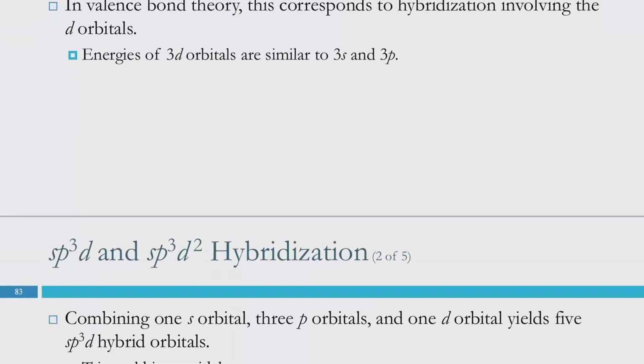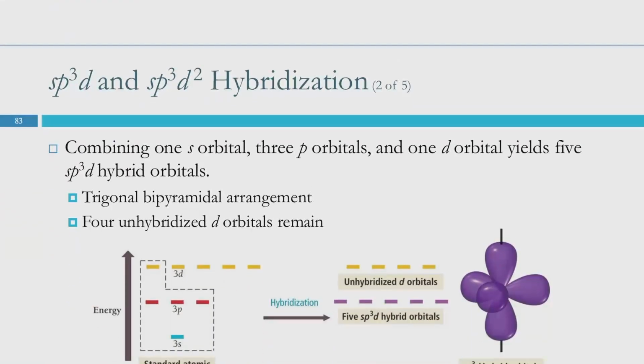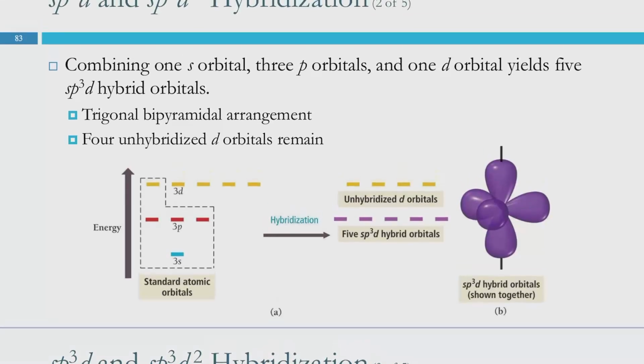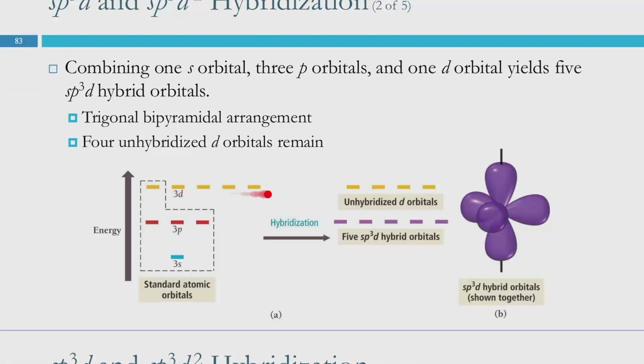Our 3d orbitals are similar in energy to our s and p. They get closer spacing the higher n number that you get to. So adding in our row of 3d orbitals, we can blend our s and our p's and one of our d's. So how many orbitals are we putting in? 5.